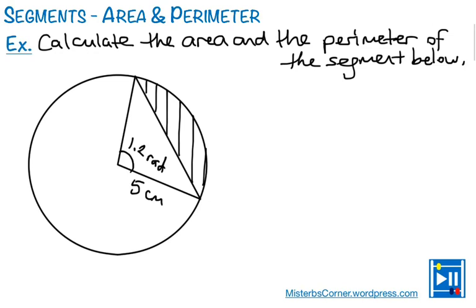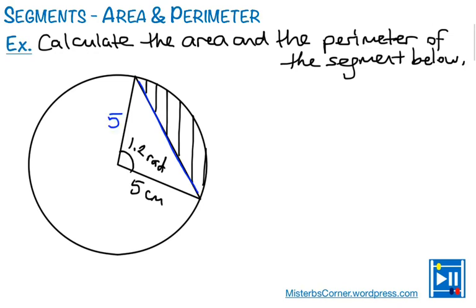Right, we're going to calculate the area and perimeter of this segment. Now let's start with the perimeter. Before finding the arc length, I'm going to use the cosine rule to find out this side length, right? So this is the radius, this is also 5.